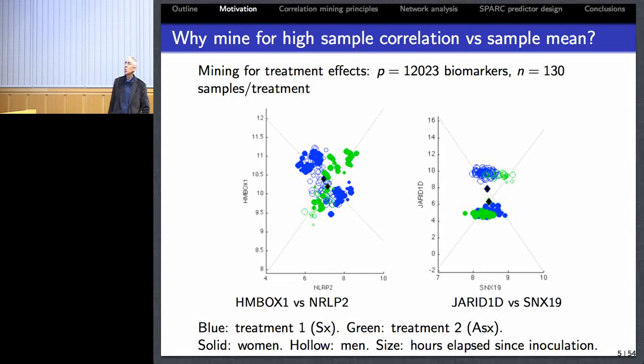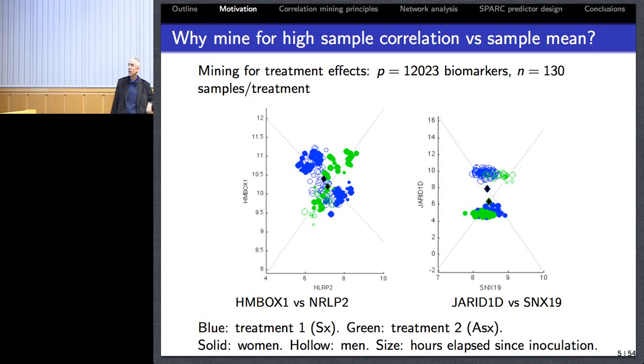The colors on these dots, which denote different samples, are two treatments. They're actually not treatments. They're two different effects from inoculation with a virus. The blue are those people that got sick, and the green are the people that did not get sick, that were able to control the virus and exhibited no symptoms.